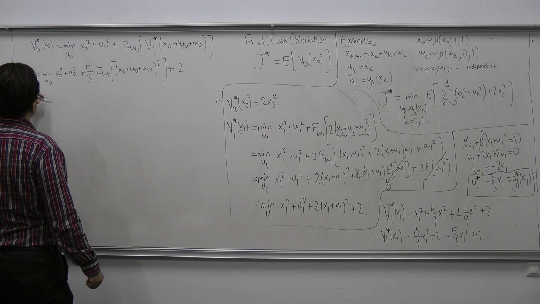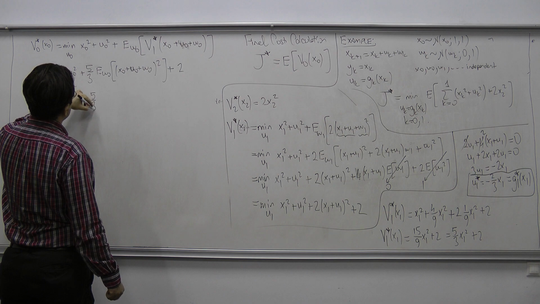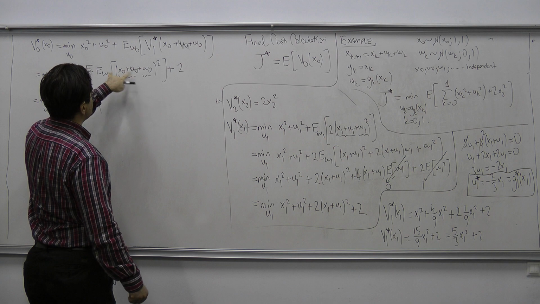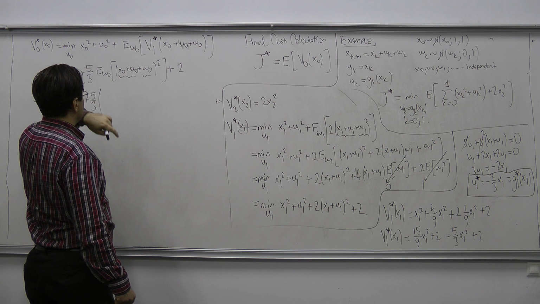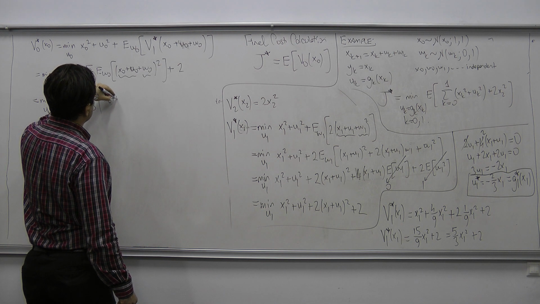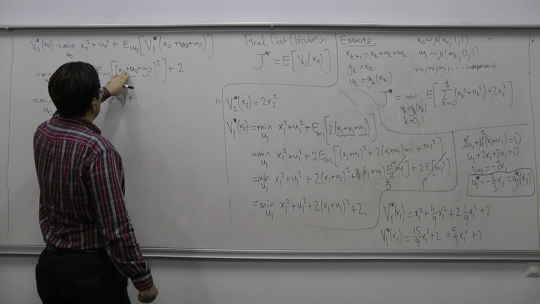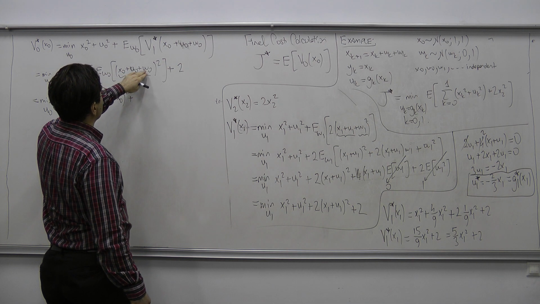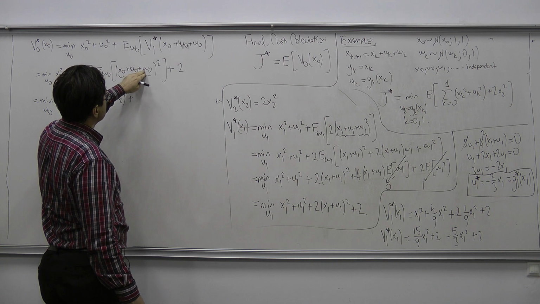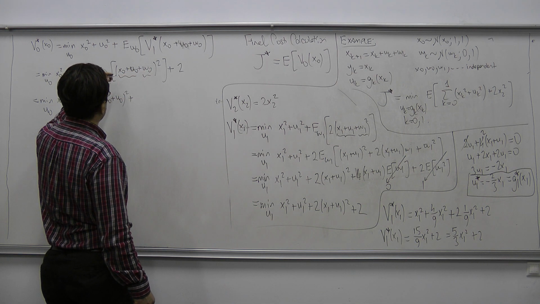Now this is minimized with respect to u0, x0 square plus u0 square, 5/3. Let me take this expected value again, distributing this summation into the deterministic factor and the stochastic factor. The deterministic factor is going to be x0 plus u0 square plus 2 times x0 plus u0 times w0. But when I take the expected value of that term, expected value of w0 will be equal to 0, which means that there won't be any cross terms.